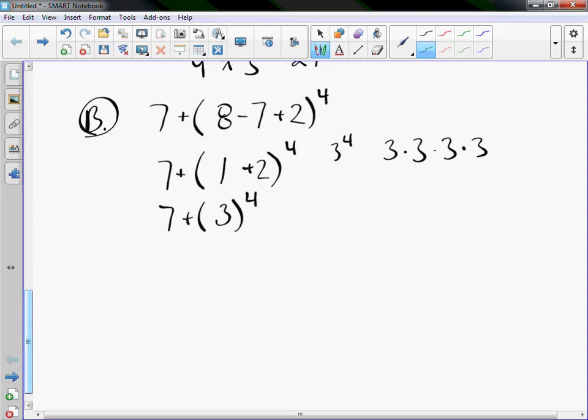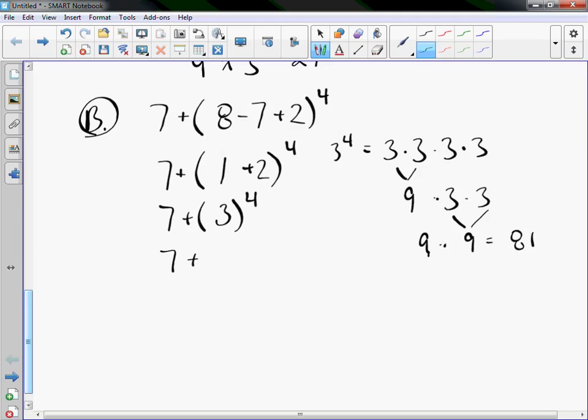Well, I know that 3 times 3 is 9, and I still have two 3s to multiply. I also know that this 3 times 3 is 9. It's another way to do it. So I can take 9 times 9, and we should know that that's 81. So 3 to the 4th should be 81.